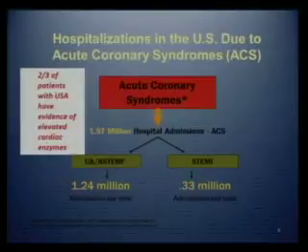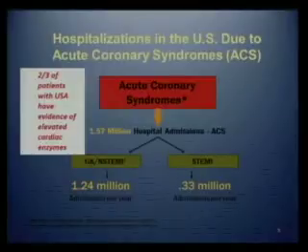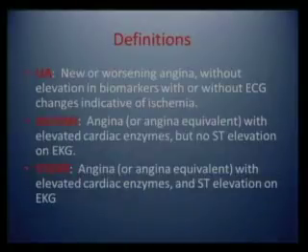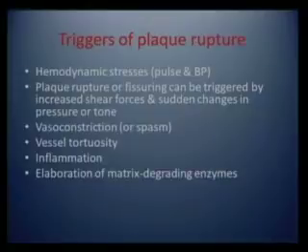Two-thirds of patients with unstable angina have evidence of elevated cardiac enzymes. So these are the definitions: unstable angina and NSTEMI. The difference between the two is only biomarkers. STEMI, they have ST elevation MI. That means there is no flow or a reduction in significant flow.